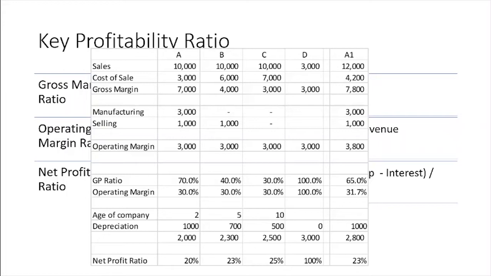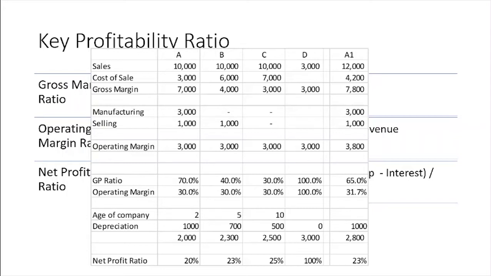Okay, so the net profit margin ratio, you can compare, but before you compare you need to be careful. What are the depreciation policies? Yesterday we learned different depreciation policies, right? Straight line. What was the other one? Written down value, and there was the third one which is also normally used, based on their usage, right?